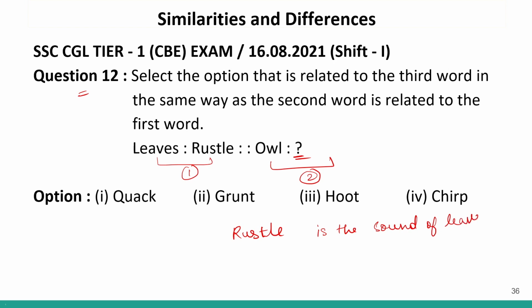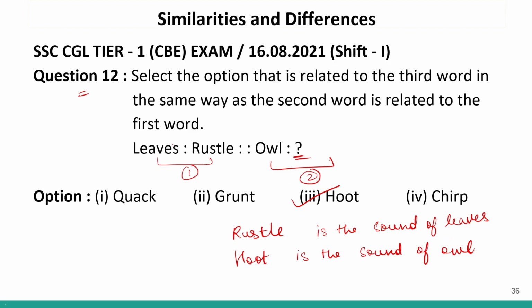Leaves rustle together. This you have heard in English, right? So rustle is the sound of leaves. Similarly, we have to find a word which is a sound of owl. If you know that hoot is the sound of owl, our answer will be option number 3, hoot.